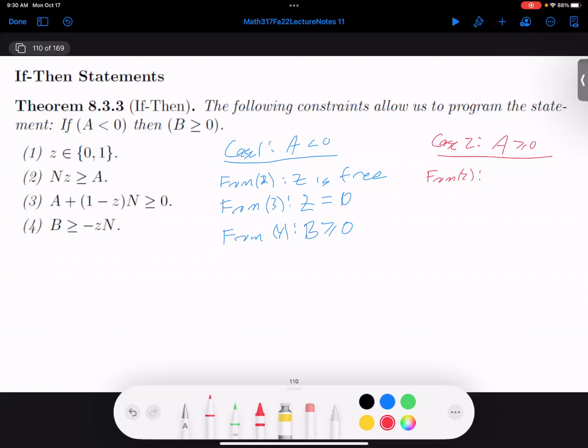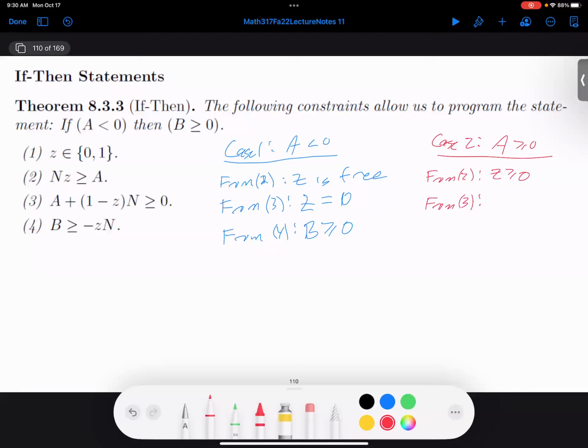What if A, for instance, is 5? Could Z be 0? I think 2 forces Z to equal 1. So if A is 0, Z could be 0. Okay, good. So we're allowing A to be greater than or equal to 0 here. If A is positive, okay, good. So from 2, we have Z is greater than or equal to 0. Okay, good. My bad, thank you.